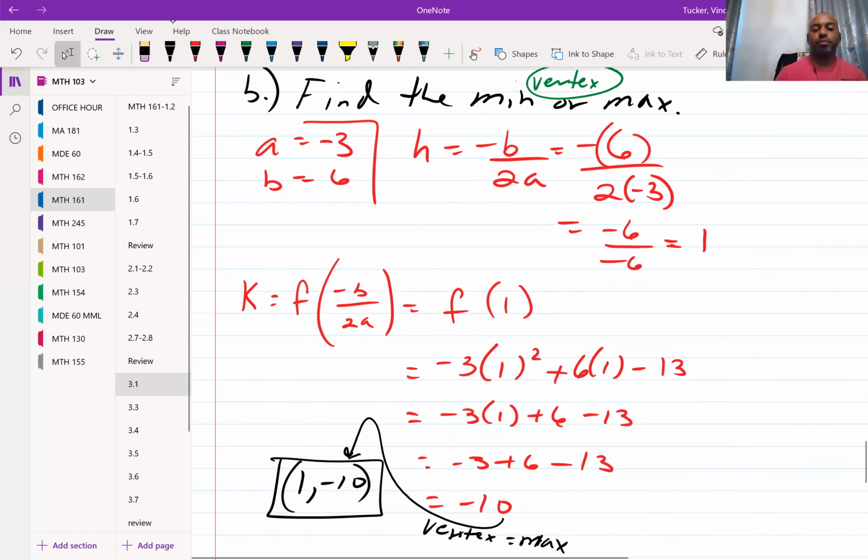So it's negative 3 times 1 squared plus 6 times 1 minus 13. Of course, 1 squared is just 1. Negative 3 times 1 is negative 3, plus 6 minus 13, and that simplifies to negative 10. So the vertex is (1, -10), which is our maximum.